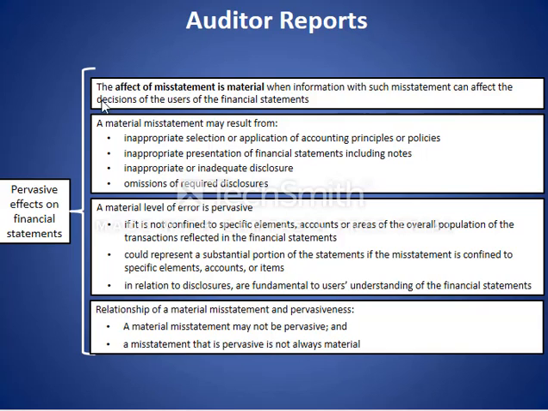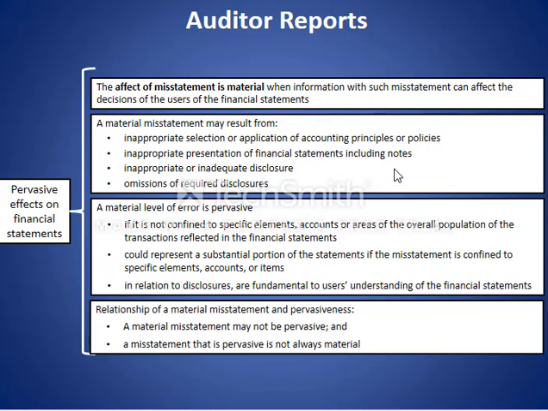Now, to understand pervasiveness, the effect of a misstatement in financial statements is material when information with such misstatement can affect the decision of the users of the financial statements. And we talked about that early on as part of a definition of material misstatement.